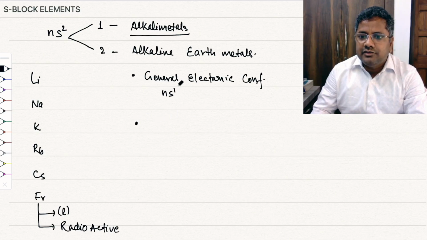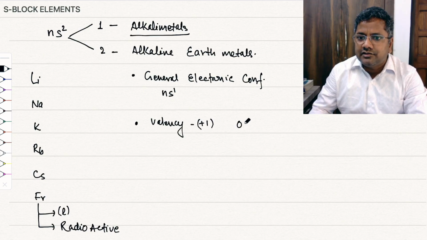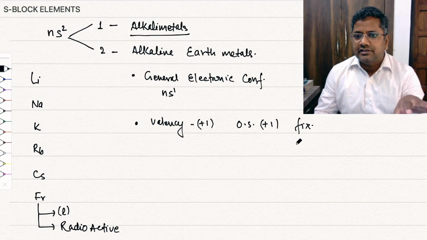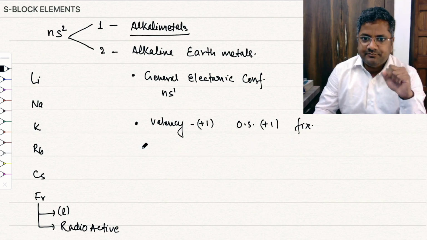And due to this one electron in the valence shell and subshell, they have a fixed valency. Valency is +1, and oxidation state is also +1, right? And it is fixed, no change. So all the elements have +1 valency and +1 oxidation state.